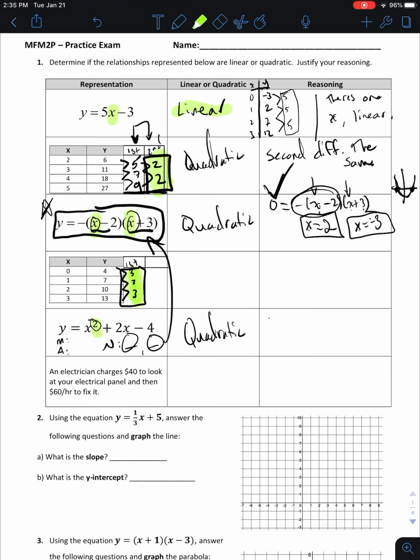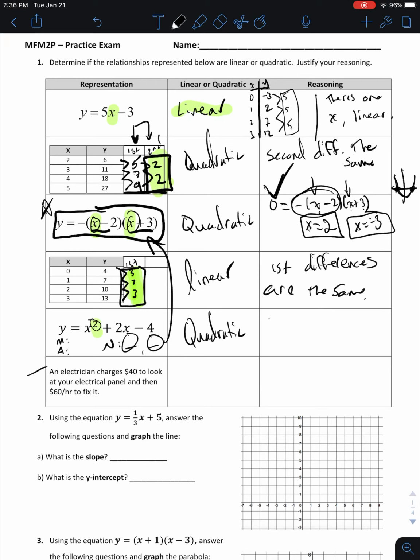So my first differences are all the same, and therefore it's linear, right? First differences are the same.